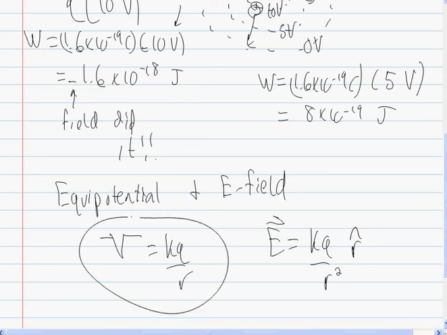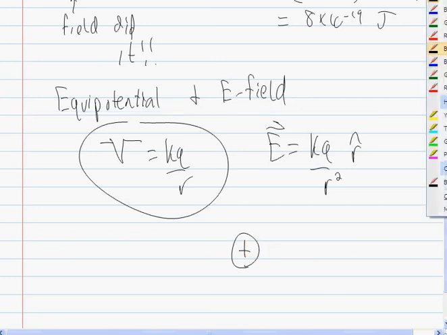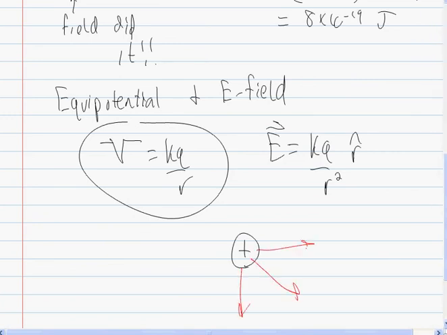So, equipotential. And if you looked at the field for that positive charge, we would get field lines like that.